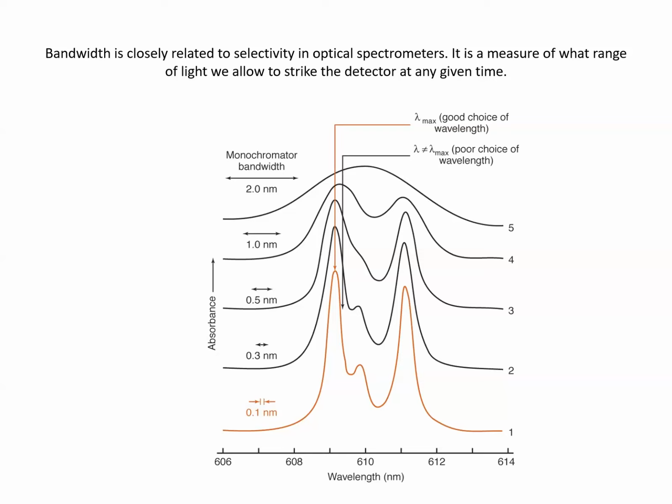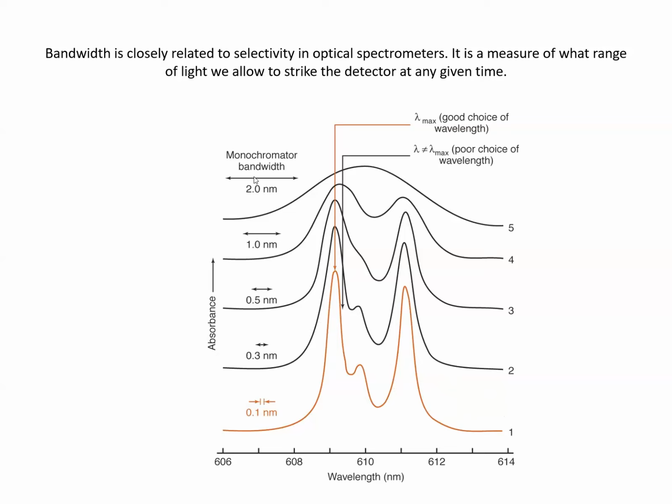So the point here is the bandwidth is closely related to the selectivity in optical instruments. And it is a measure of what range of light we allow to strike the detector at any one given time. So bear in mind, if you have a very narrow bandwidth, yes, you might increase the selectivity between peaks, as you can see in this orange line here. If you decrease the bandwidth, you can distinguish the bands.